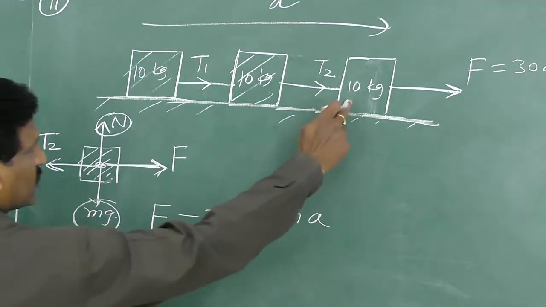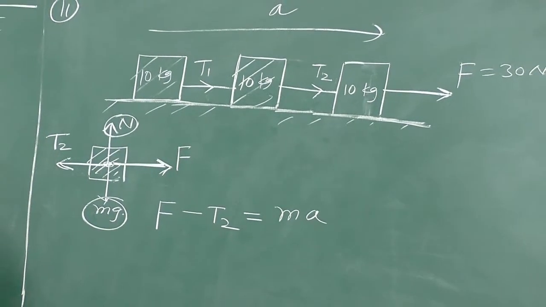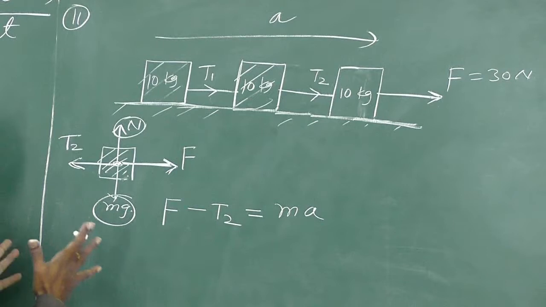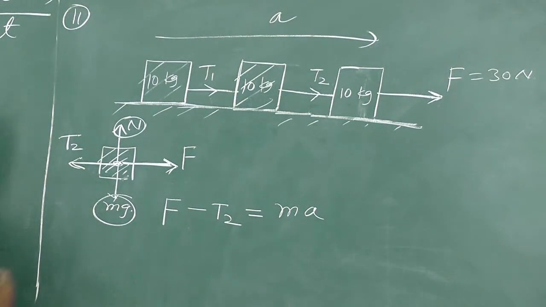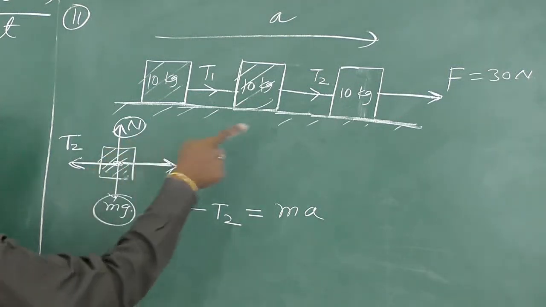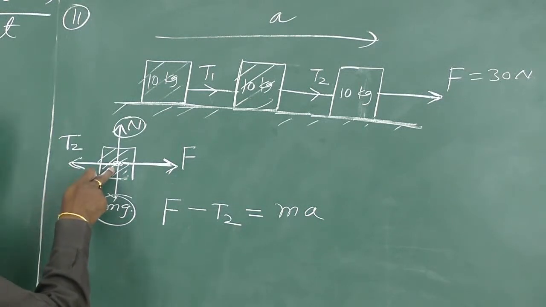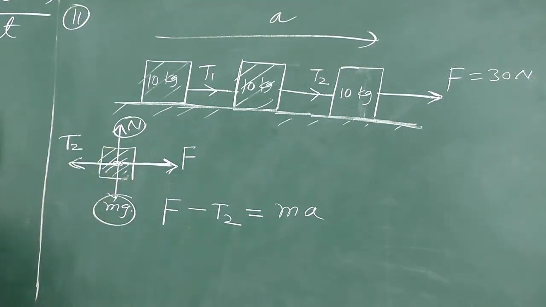So if you take the free body diagram for this block, representing the various forces acting on the block, 4 forces are acting on it. One is the pulling force, then the normal reaction exerted by the surface on the block in the upward direction, and the weight of the body, that is the gravitational force, which acts downwards.